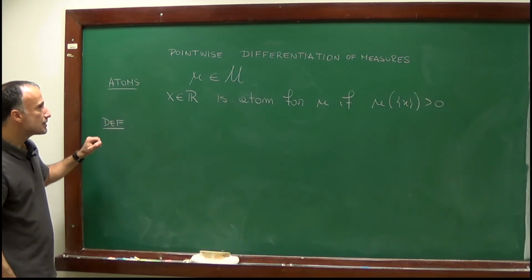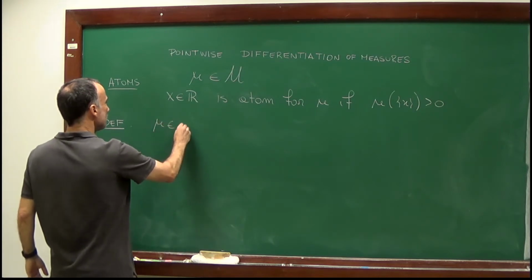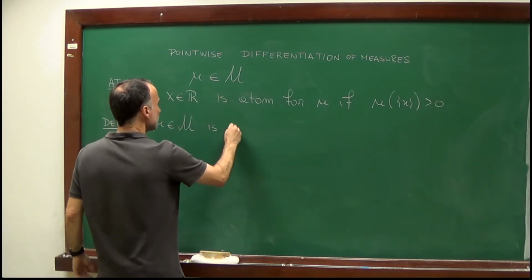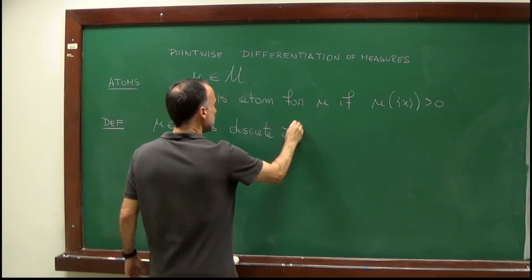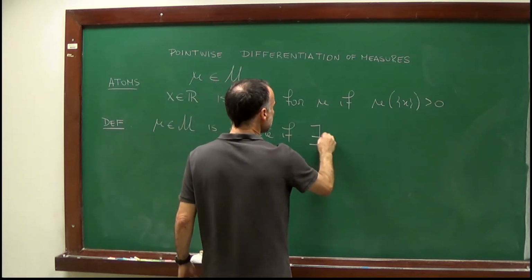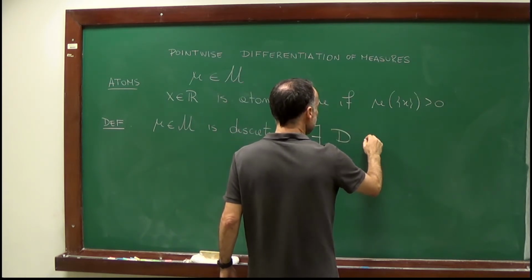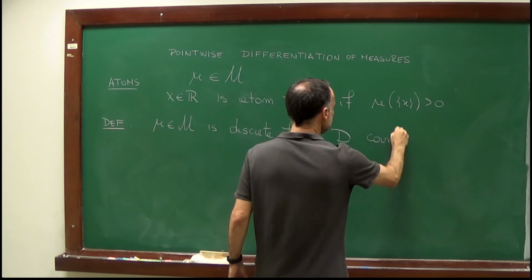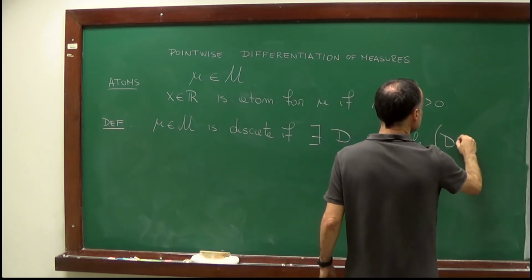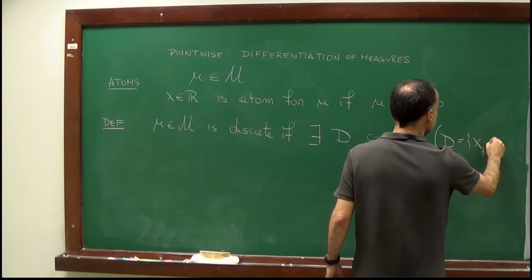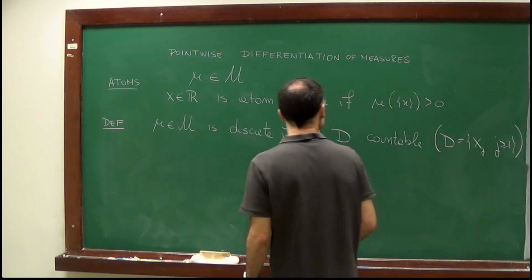So this leads me to a definition. I'll say that the measure mu in M is discrete if there exists a set D which is countable, and since it's countable, let's write D as {xj} for j larger or equal than 1. It can be finite.